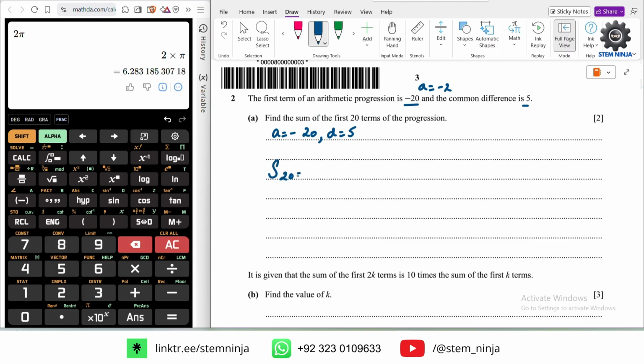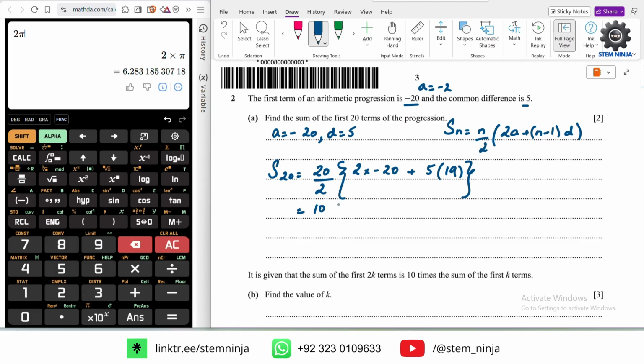So S20 will be, we have n over 2, 2a plus n minus 1 d, right? So 20 over 2, 2 times by negative 20 plus 5 times by 20 minus 1, that is 19.